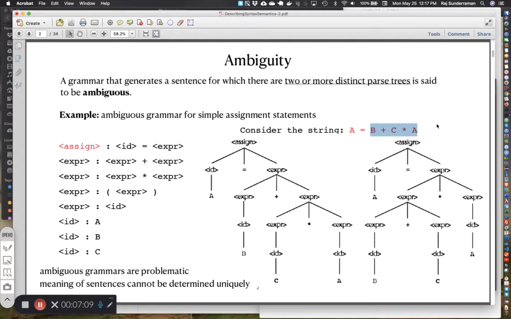If you were not familiar with the rules of precedence, there are two ways to interpret this sentence. One is to add b and c first, and then multiply the result by a. The other is to multiply c and a first, and then add the result to b.